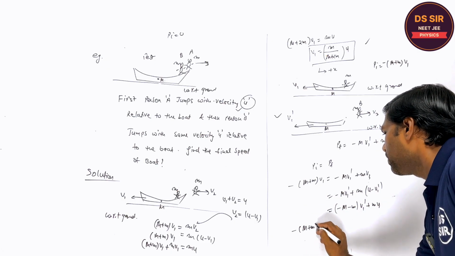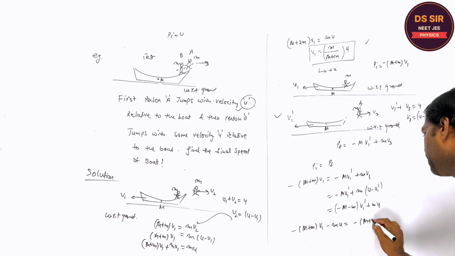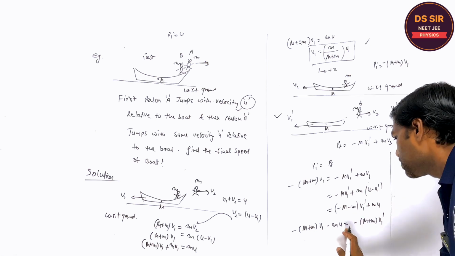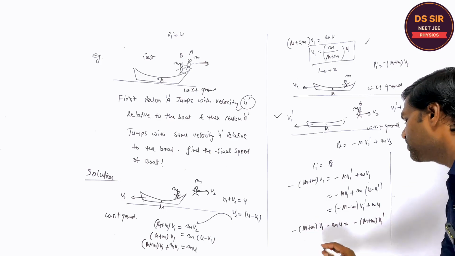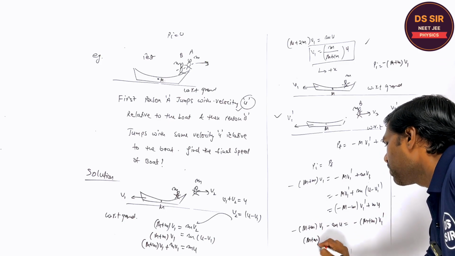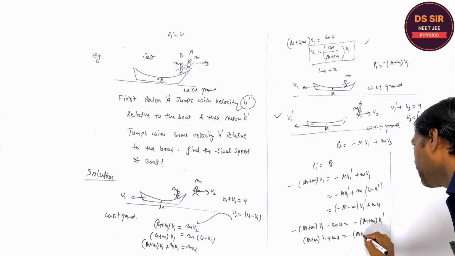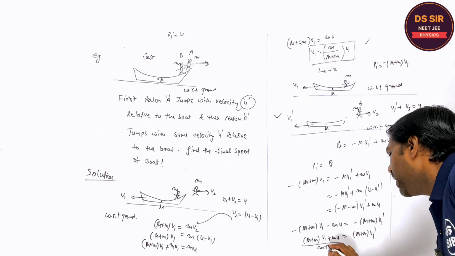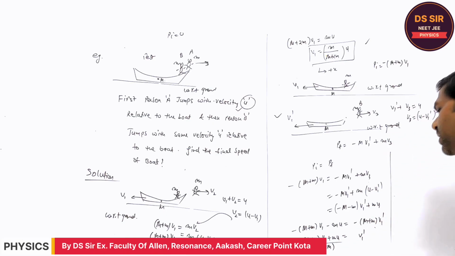(M plus m) v1 minus m u is equal to minus (M plus m) into v1 dash. The minus will cancel out. So the v1 value I have to put. When you divide by (M plus m), it becomes v1 dash.